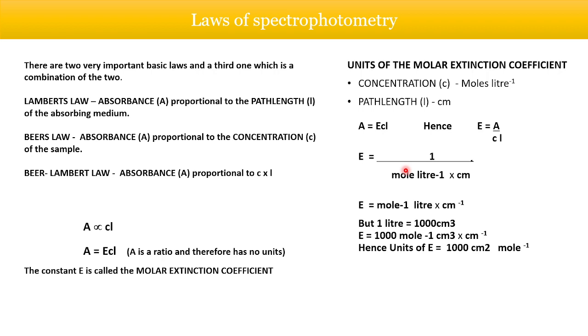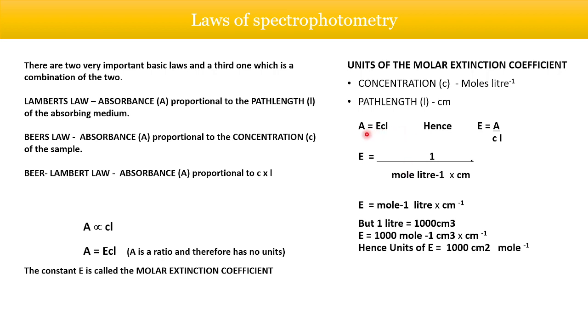When we join these two, absorbance proportional to length and absorbance proportional to concentration, what we get is absorbance is proportional to concentration and length. Now we have to give it a proportionality constant, and this proportionality constant is called the molar extinction coefficient. And your absorbance is a ratio, therefore it has no particular unit.